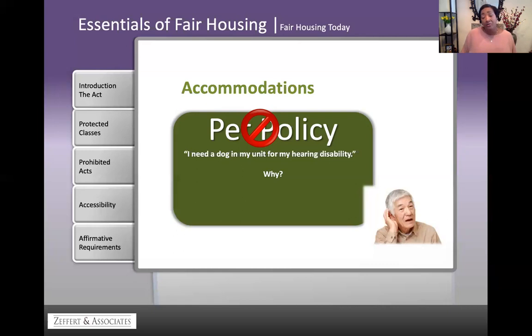Emotional support animals fall under the assistance animals category. Pets are different. It is okay if you have a pet policy with pet fees or a pet deposit, you're allowed to collect those from your residents. You also have to make sure that they're adhering to the occupancy rules for that particular pet.